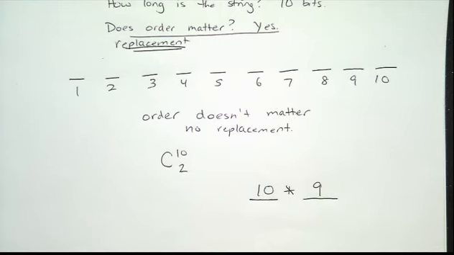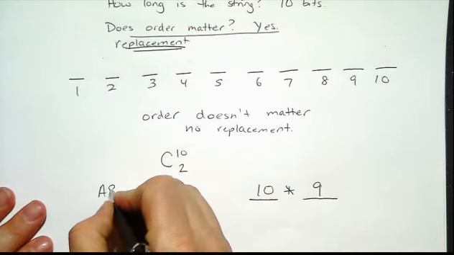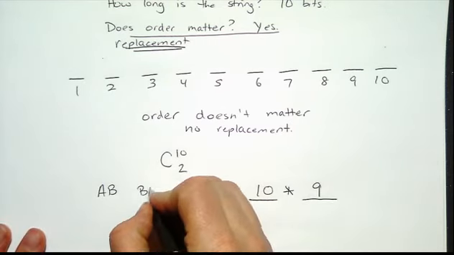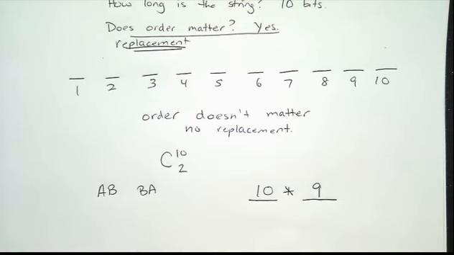Now, this was with order mattering. So what if I pulled out 10 first, and then I pulled out 9? That's the same as pulling out 9 and then 10, right? But I don't actually care about that. So what I want to do is, for all the possible ways I've pulled out stuff, I want to divide by the number of ways that they could be rearranged. So for every pair that I pull out, so for every AB pair, if I count it this way, I've also counted BA, right?